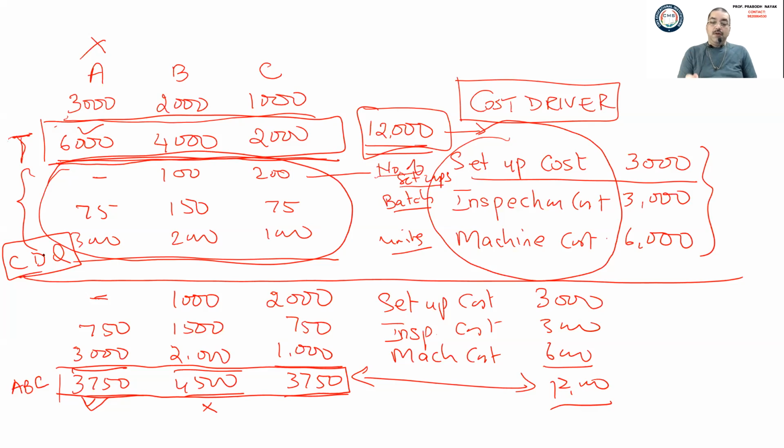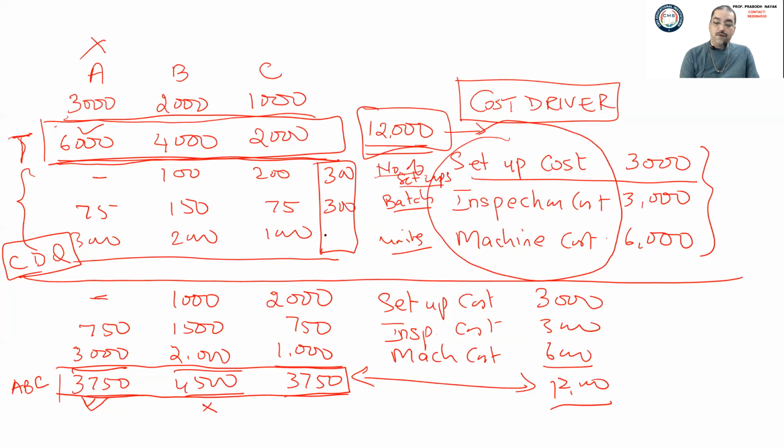Now, suppose I take the total of this over here. This total is 300. And this total is 6,000. If I take 3,000 divided by 300, I get the rate as 10.